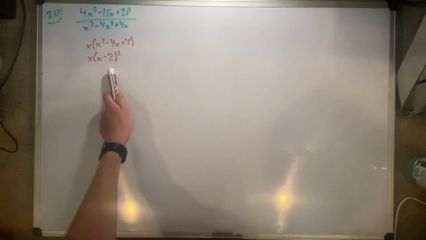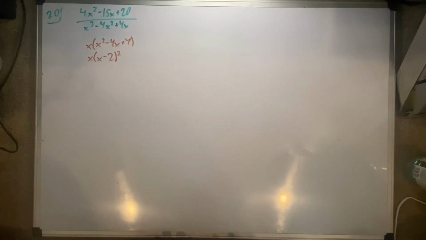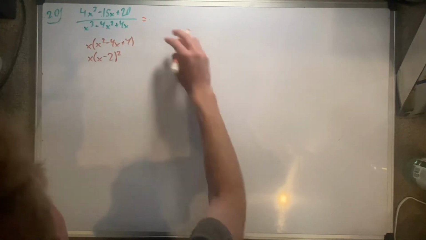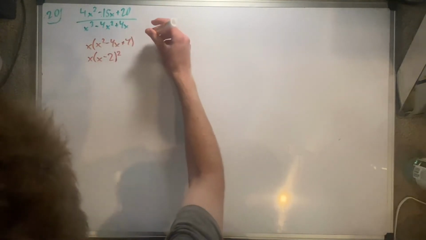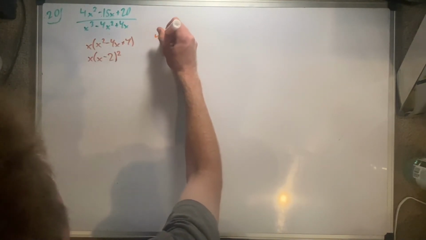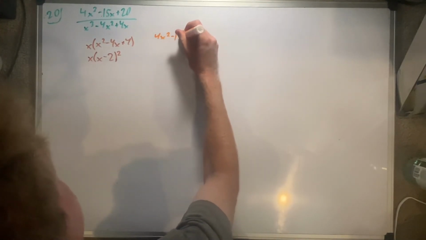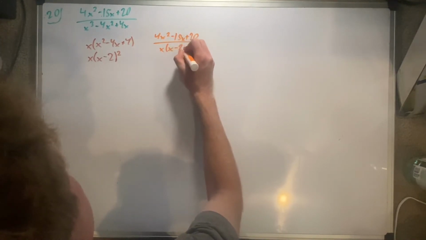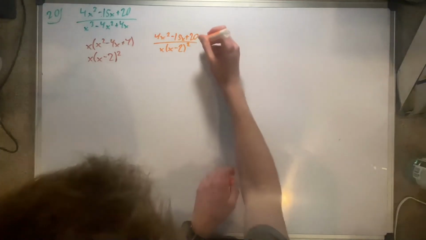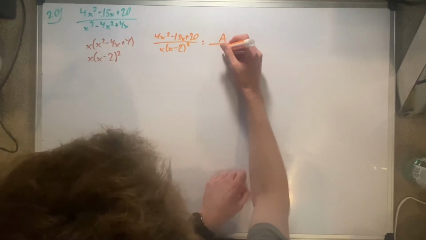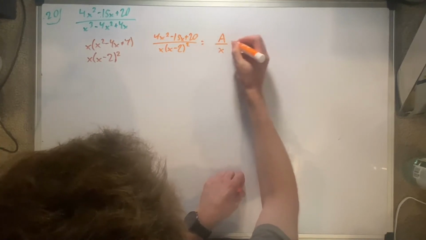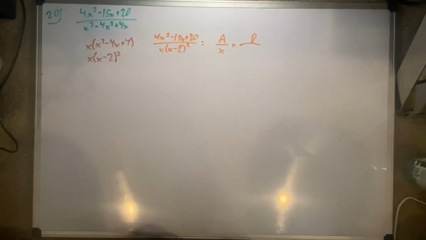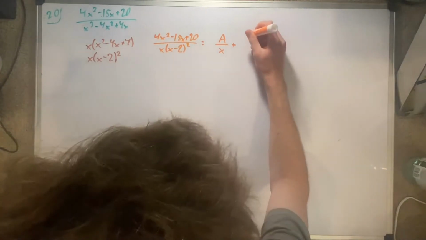Now, there's a secret that comes with having the squared forms. If you have the squared forms, here is what you do when setting up your partial fraction decomposition. First, I'm going to write the whole thing again, but with this simplified form down here: 4x squared minus 15x plus 20 all over x times x minus 2 squared. So when you go to do your A's, B's, and C's, you're going to now have A over x plus B over, now before I go about this, I'm going to show you how this will work.